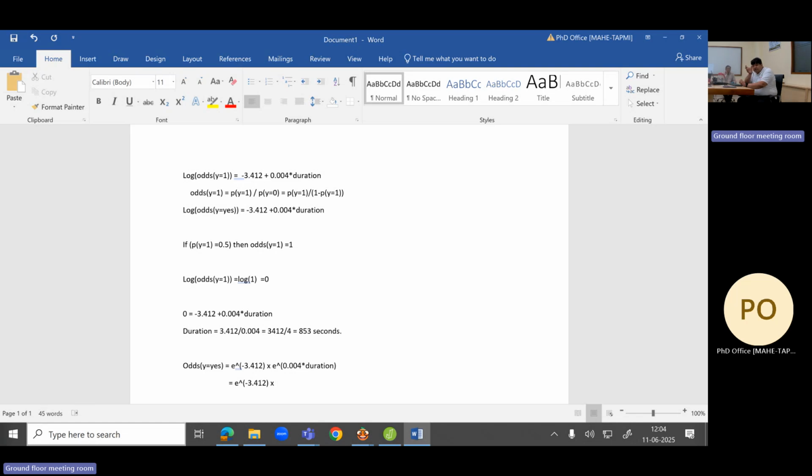Now for the 0.004 into duration, how can I put this? I can put it like this, e to the power of 0.004. Where does the duration come? Not multiplication. It would be to the power of.